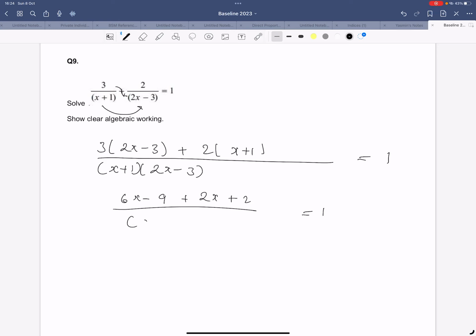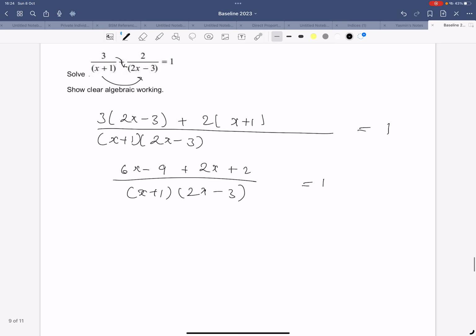Simplifying further, 6 plus 2 is 8x minus 7. So 8x minus 7 all over x plus 1 and 2x minus 3 equals 1.